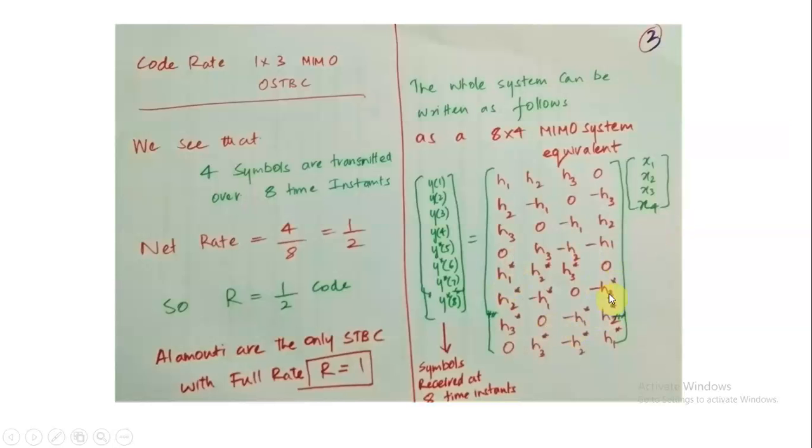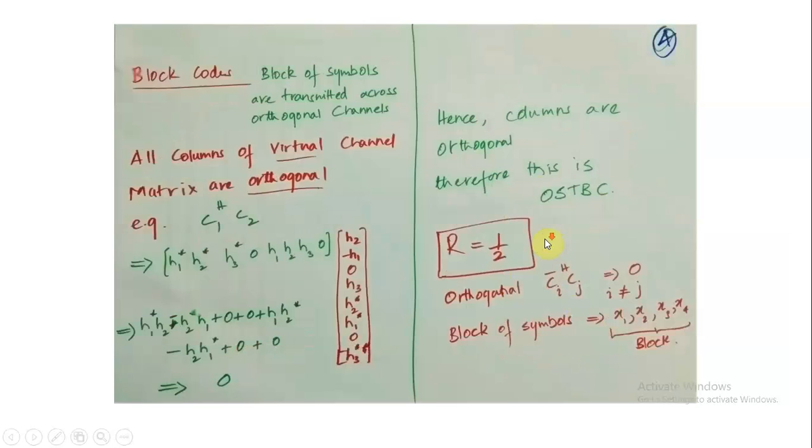If we see the structure of this system, this 4 by 4 submatrix is the conjugate of this 4 by 4 submatrix, which is in the upper half of the total space-time code matrix.